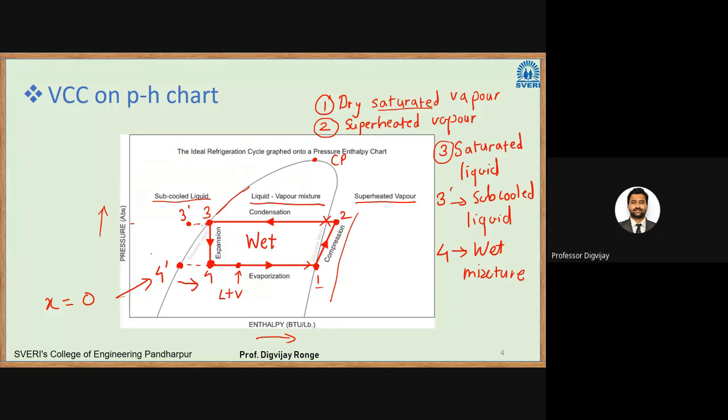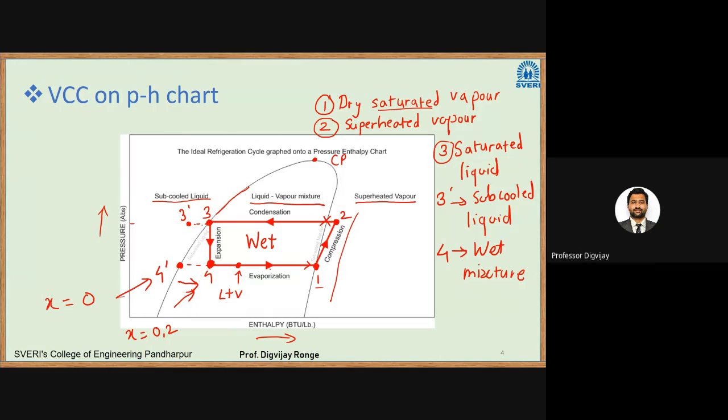Dryness fraction means the amount of dryness, or the amount of presence of vapor in the mixture. So at that time x will be 0. Now as you heat that mixture at point 4, x will have some value. Let us say x is equal to 0.2.